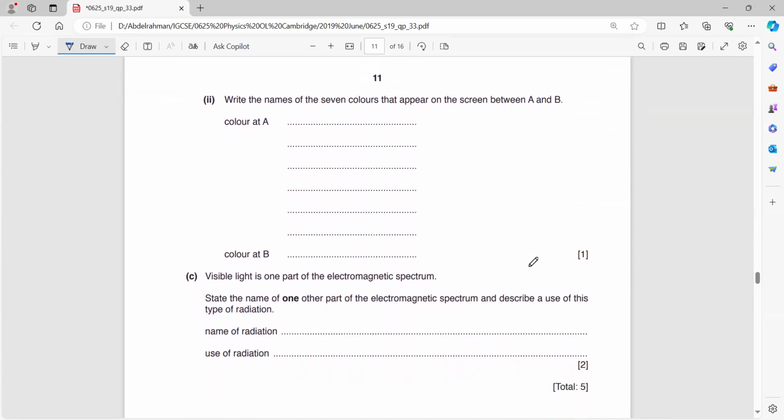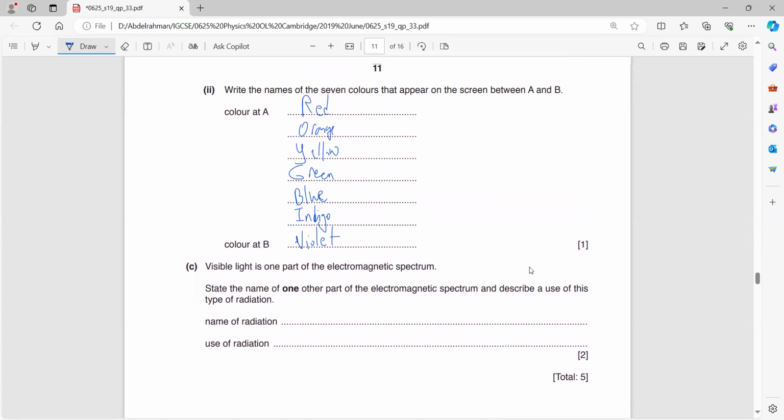We know the 7 colors, right? Red, orange, yellow, green, blue, indigo, violet. Good.